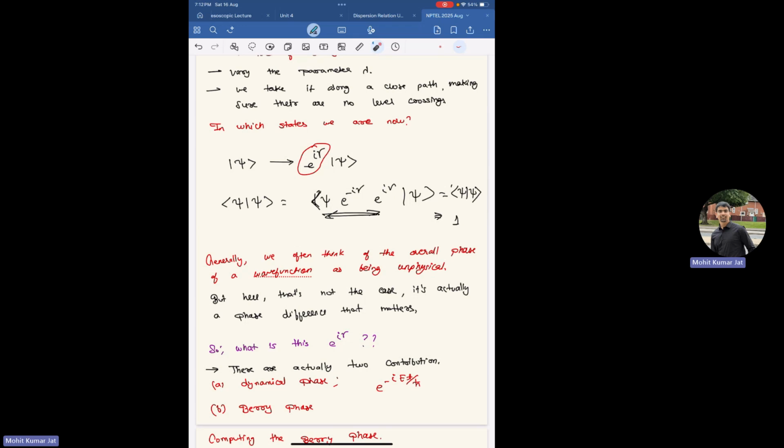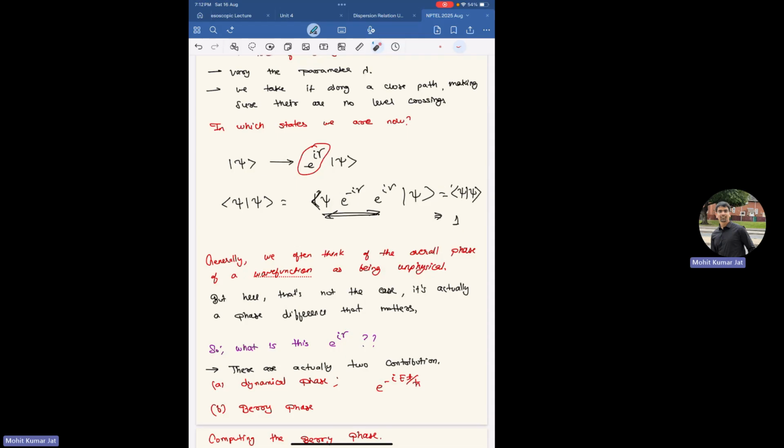Its value is e to the power minus i E t by h bar, and that is unphysical basically. You can't measure that phase, because everything is evolving with time t, and you can't make one thing stop in time and another thing move. If you could, then you could of course do interference patterns of these states also.